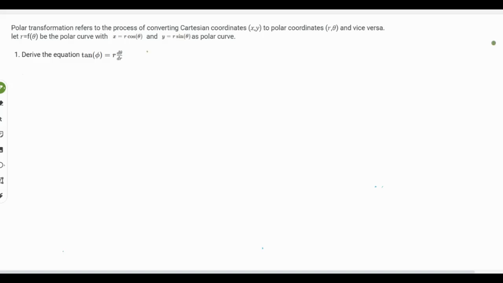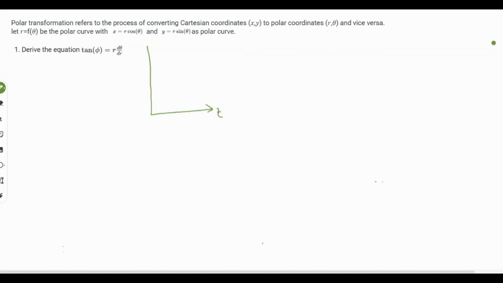Suppose there is an xy plane, the x and y plane. This is called the initial point, and here suppose you have a point P with coordinates x comma y.